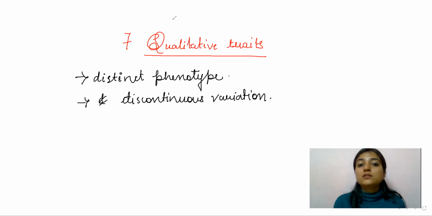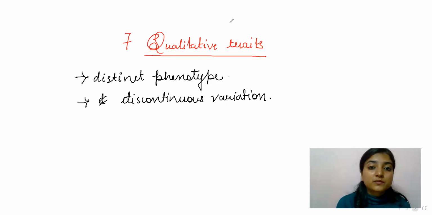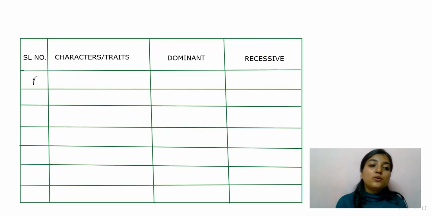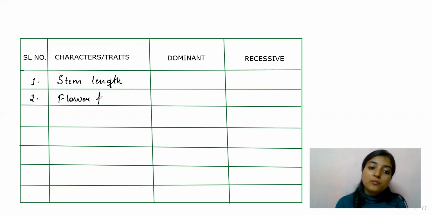So what are the 7 qualitative traits? We will discuss with the table. The first character or trait taken by Mendel was the length of the stem. The second was flower position. Third is the flower color.